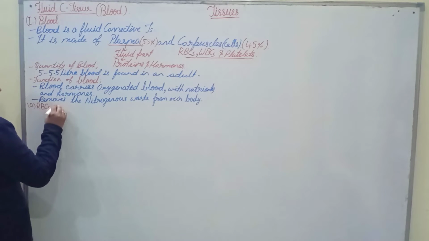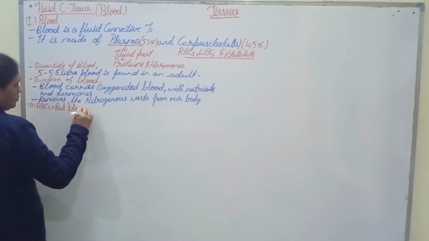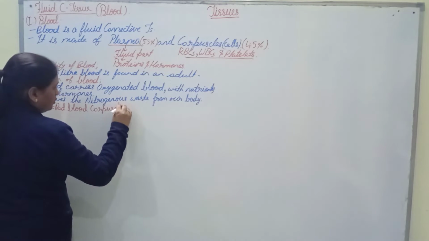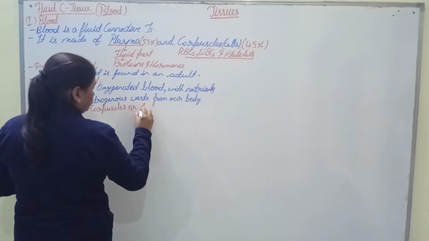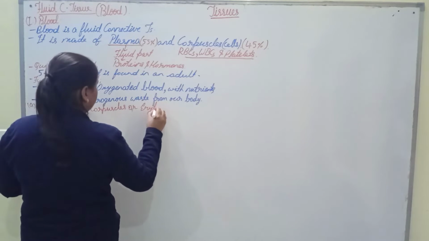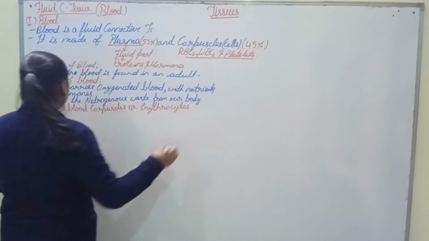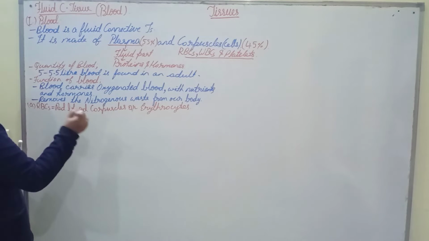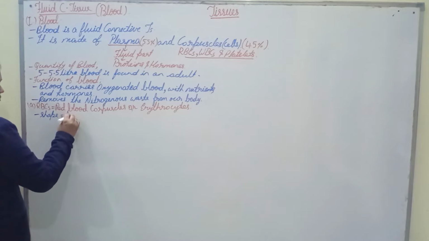RBC is known as red blood corpuscles, or erythrocytes. The shape of RBC is biconcave.